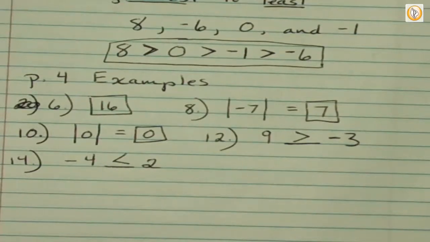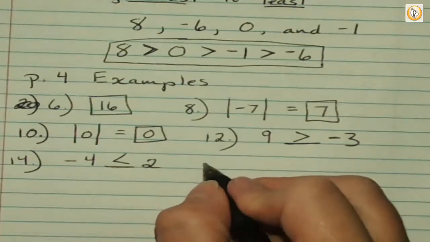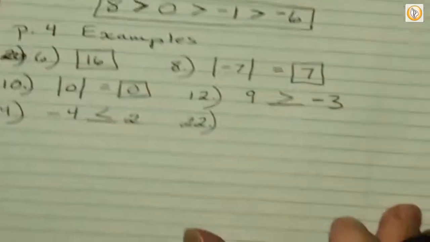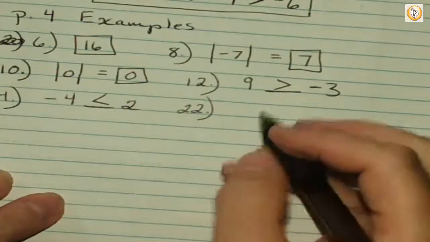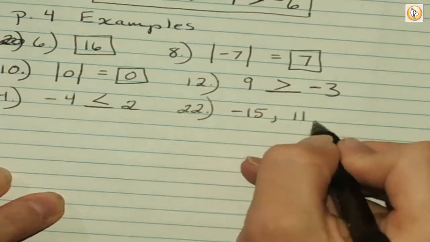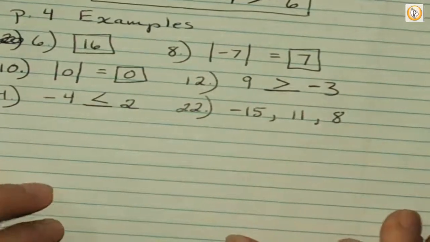All right, the next group, write the integers in order from least to greatest. We're already on number 22. They give you negative 15, 11, and 8.